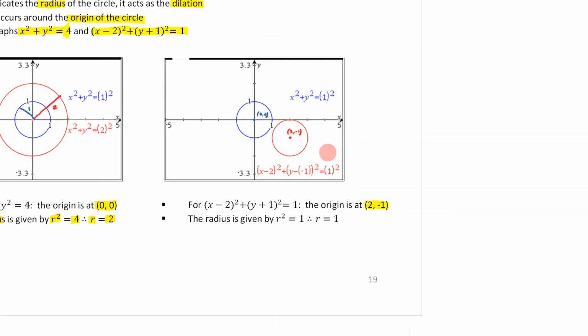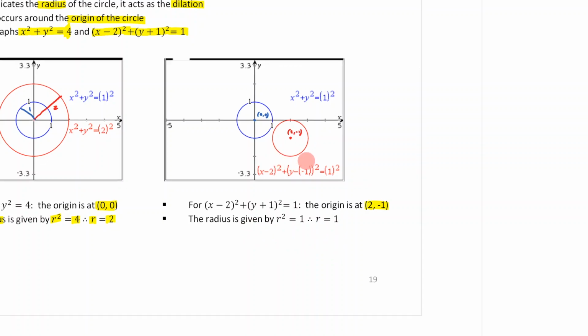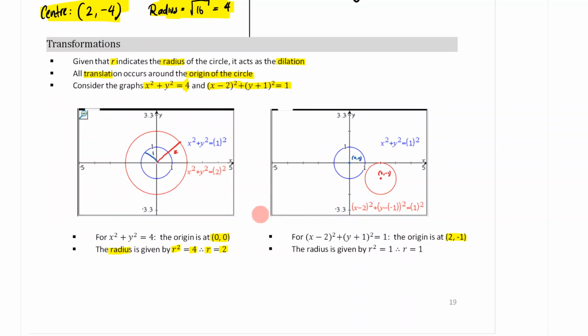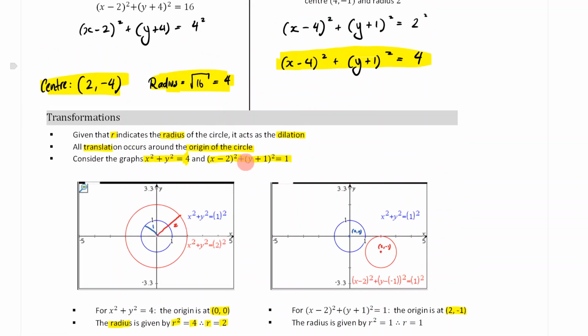And that's because we've swapped the signs around. So negative 2 became positive 2, positive 1 became negative 1. And the radius is just r is equal to 1 in this case. We haven't changed that radius. All right, there you go. Hopefully this has made some sense. In the next part of this lesson, we'll do some sketching and you'll gain a better understanding of what everything here means. All right, I'll see you in that next part.